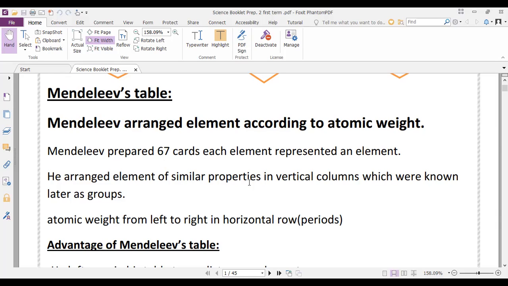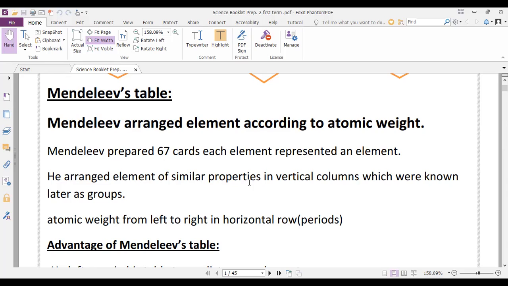He arranged elements of similar properties in vertical columns, which were known later as groups. We are going to know it. Atomic weight from left to right in horizontal rows was called period.